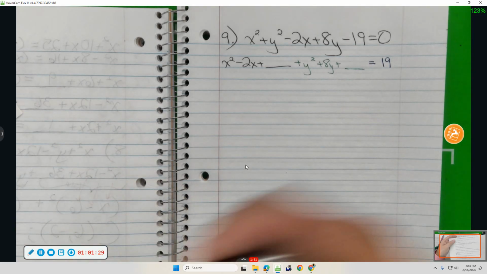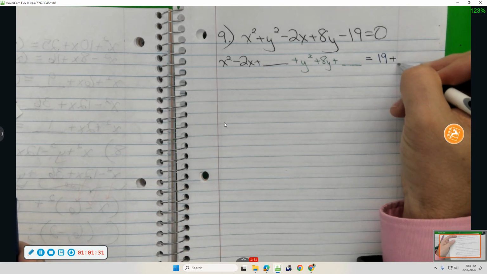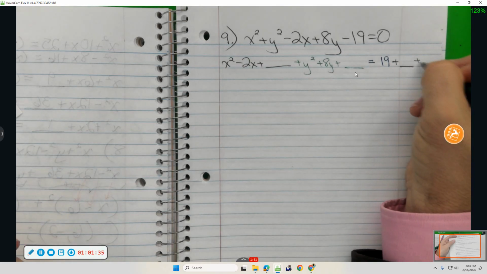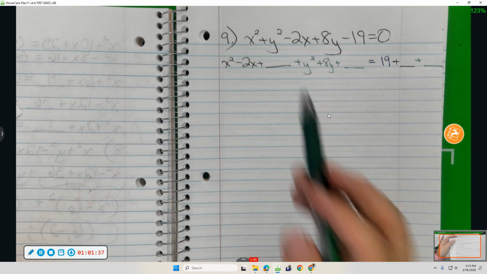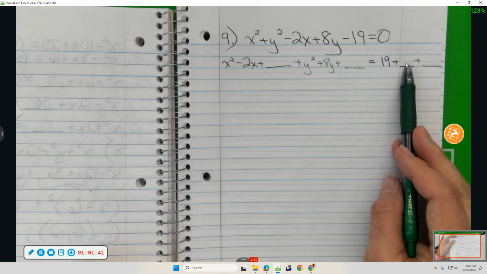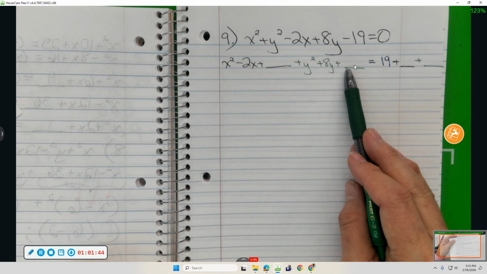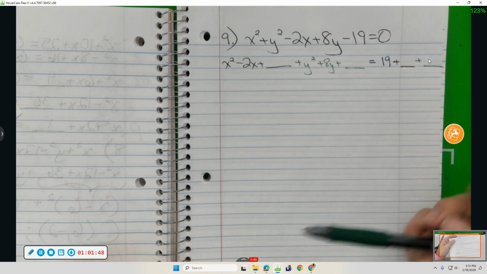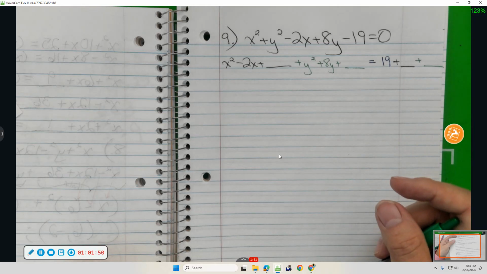I'm going to go ahead and write in my blanks here also, my black blank and my green blank. Whatever number we add here, we'll have to add to the other side of the equation. Whatever number we add beside y squared plus 8y, we'll have to add to the right-hand side of the equation as well.